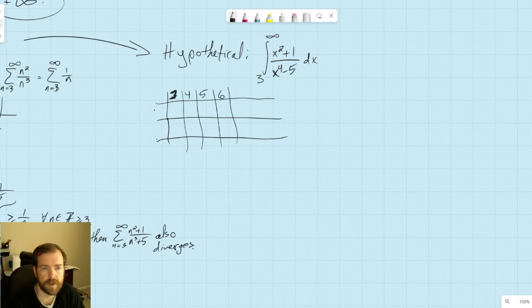Alright, so this is going to be 1 over n squared, and then this is going to be (n squared plus 1) over (n to the 4th minus 5). Alright, the difference in their degrees is 2, and the denominator has 2 higher degrees than the numerator. So the ratio of these two things, our rational function, should have an asymptote that has the same behavior as 1 over n squared.